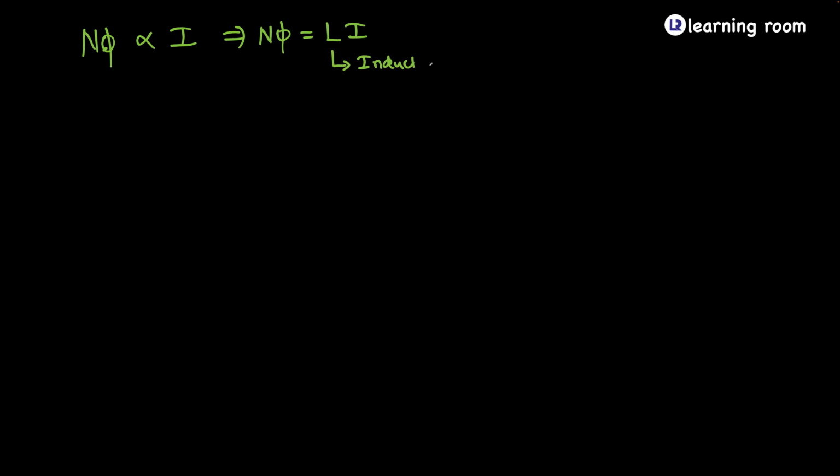inductance. Either call it inductance or self-inductance. So from this, if you observe, L will be written as N into phi divided by I. N into phi is measured in Weber and I is measured in ampere.